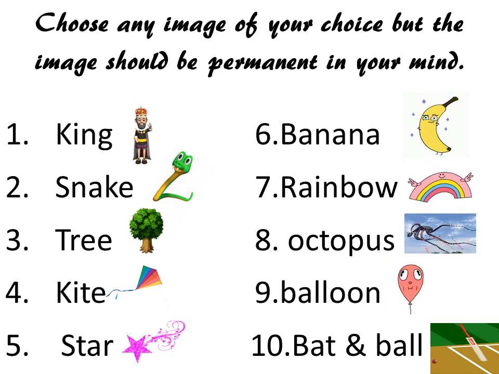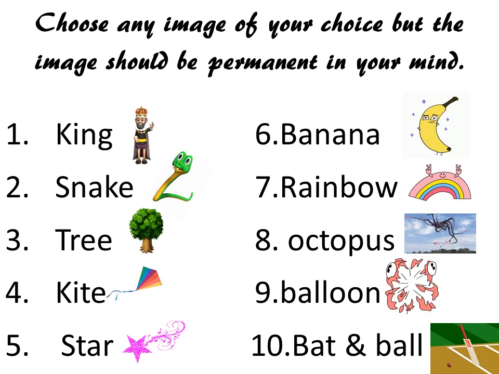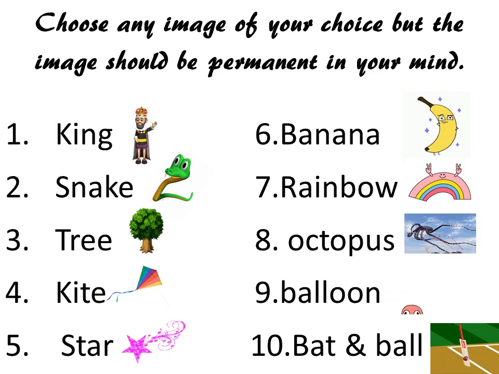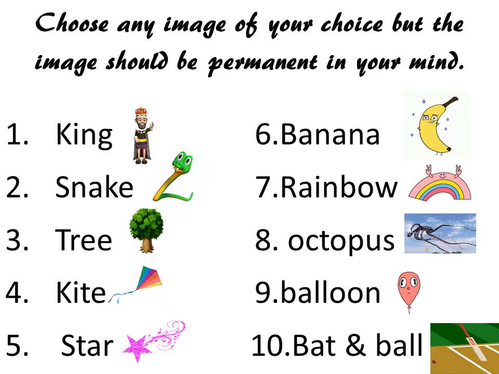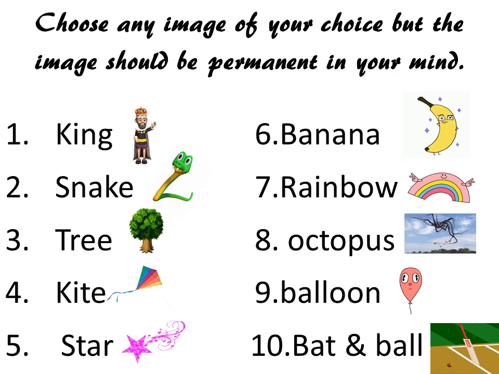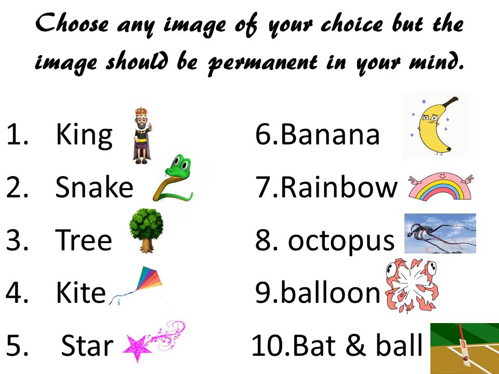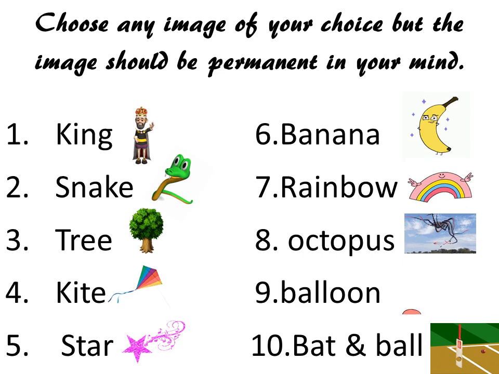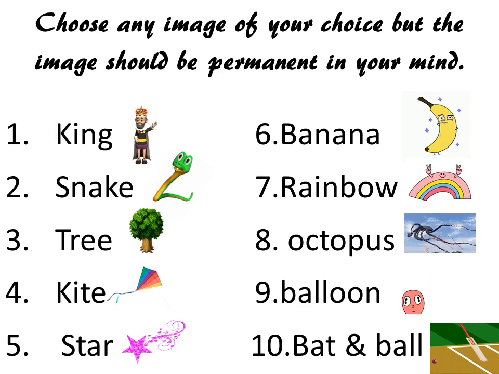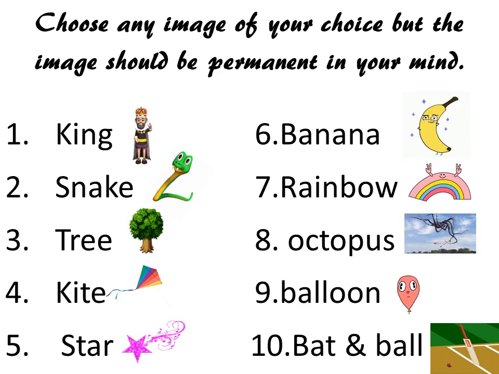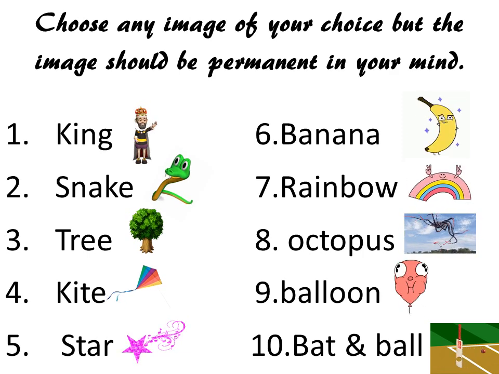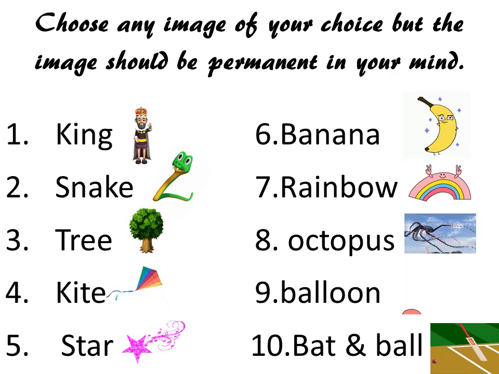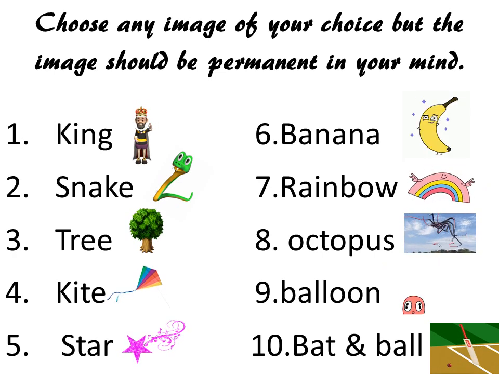Choice is totally yours. For 6, I have chosen banana. Options like elephant's trunk, hockey stick or goddess Venus etc. can be chosen. For 7, I have chosen rainbow. Other options are axe, flag, rhyming words like seven, heaven. So you can choose anything of your choice. For 8, I have chosen octopus.